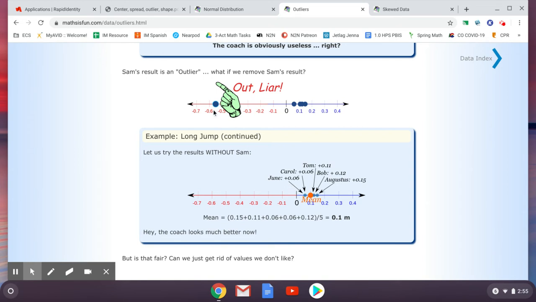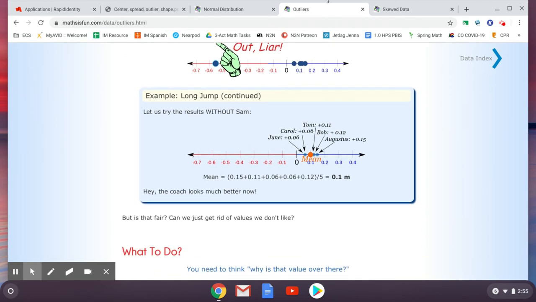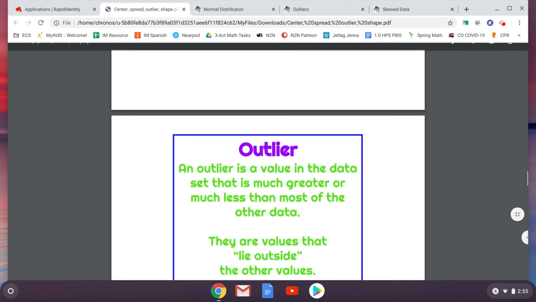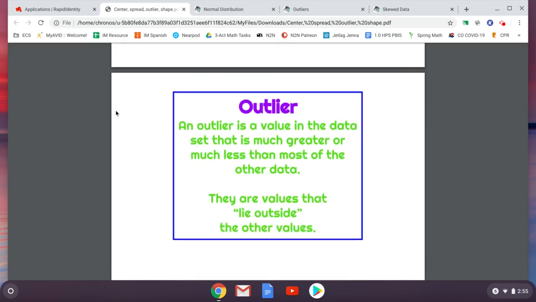So that outlier is this piece of data that is separated from all of the others. So we can come back, and I have created another vocab card for you. So go ahead and pause the video again. An outlier is a value in the data set that is much greater or much less than most of the other data. They are values that lie outside the other values.